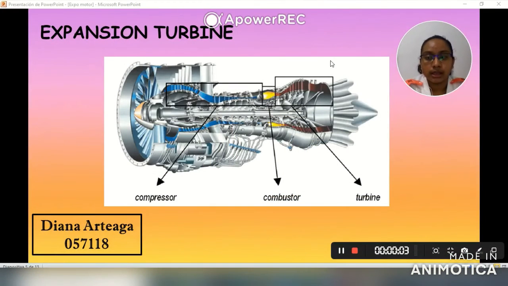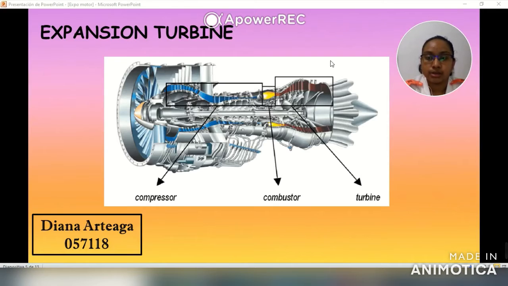The expansion turbine is designed to take advantage of the exhaust velocity of the combustion gas and convert its kinetic energy into rotational mechanical energy. All its stages are reaction stages and must generate enough energy to power the compressor and the production of the electrical energy in the generator.